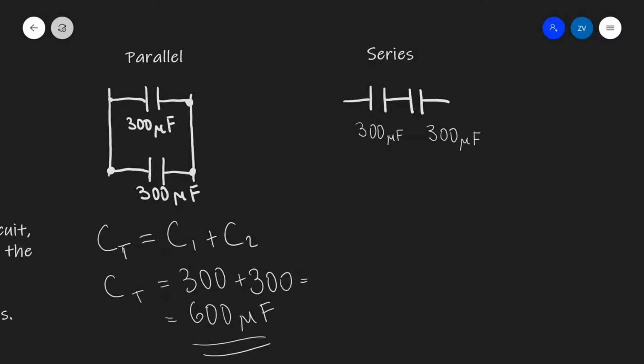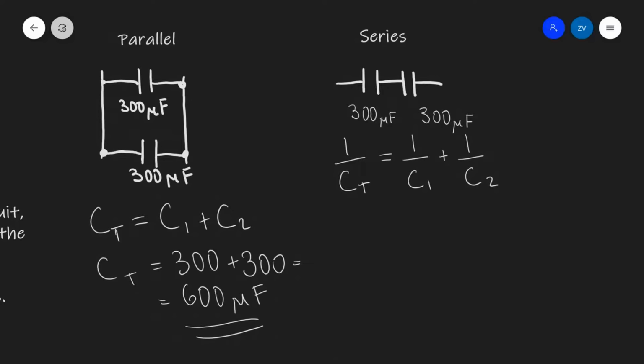If the two capacitors are connected in series, the rule is as follows. 1 over the total capacitance C total will be equal to 1 over C1 plus 1 over C2. It is best to input this into a calculator by finding C total as brackets 1 over C1 plus 1 over C2, then raising this whole expression to a power of -1.